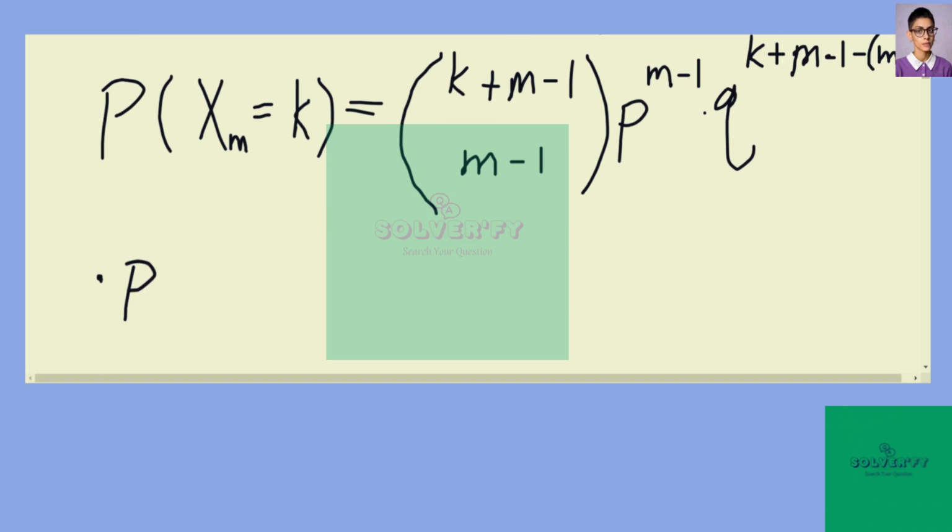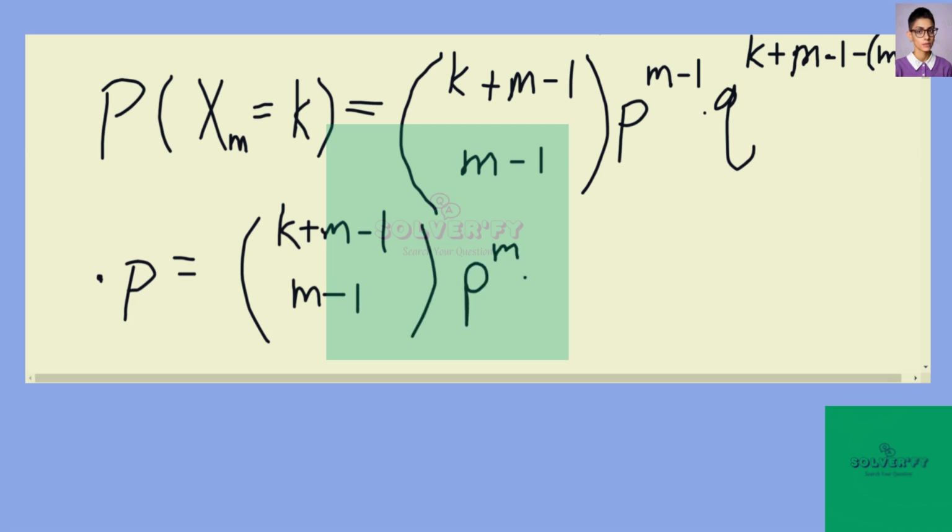And so we have that this is equal to k plus m minus 1 choose m minus 1 times p to the m times q to the k, where q is equal to 1 minus p.